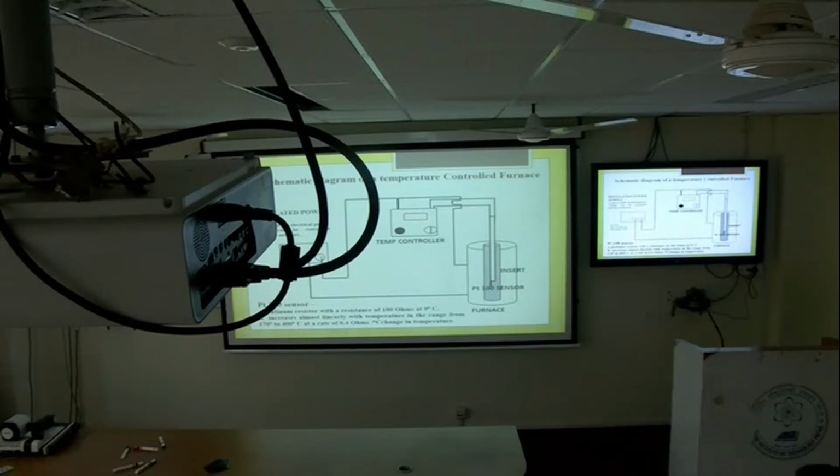At every 1 degree, the resistance varies by 0.4 ohms. You can directly say that for a 10 degree change in temperature, there is a 4 ohm change in resistance. It has a linear range of response from 170 degree to 400 degree centigrade.